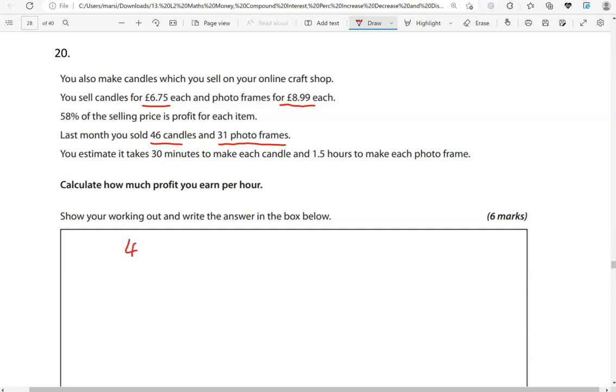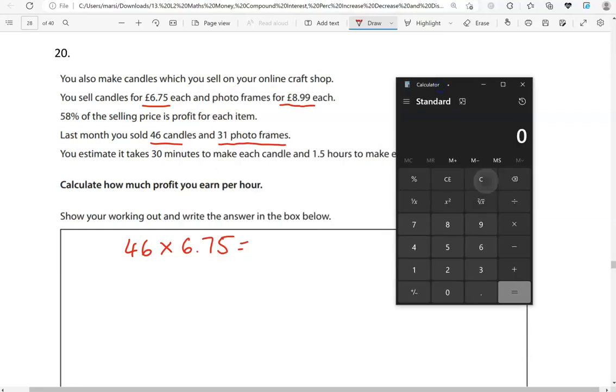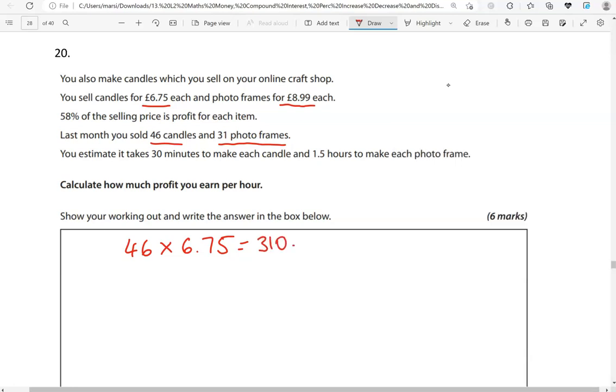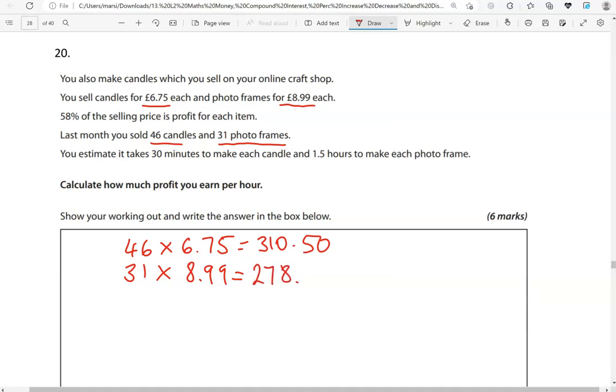So 46 candles sold at £6.75 is £310.50, and 31 photo frames sold at £8.99 is £278.69.